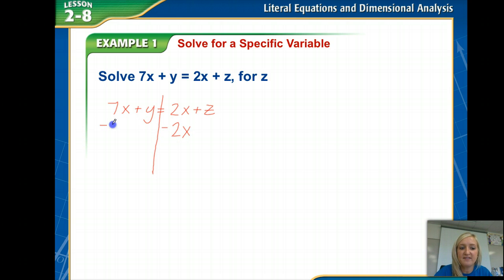I have a 7x already on this side. Some of you are getting confused and wanting to combine like terms that you can't. In this case, 7x minus 2x simplifies to 5x. I have a y left on this side, and the only thing left on this side is a z. This one was pretty simple. It was just one step. We got z isolated, and our answer was z equals 5x plus y.